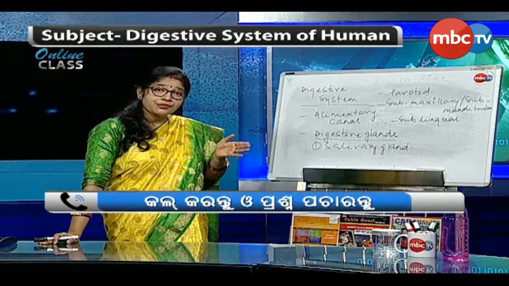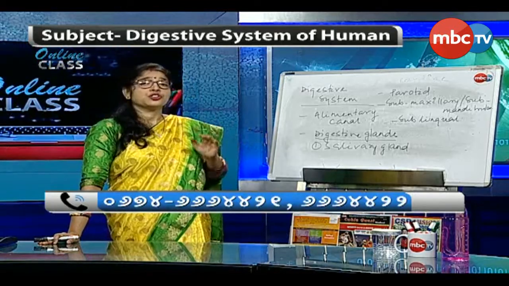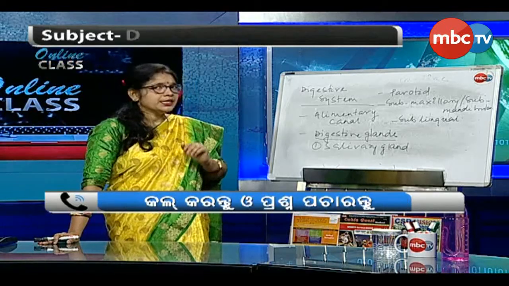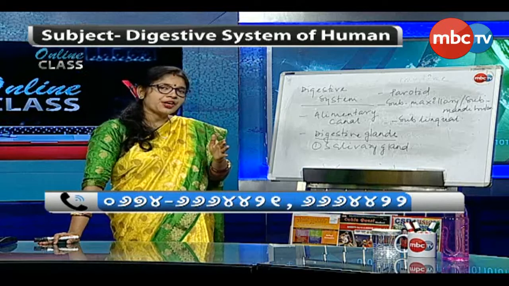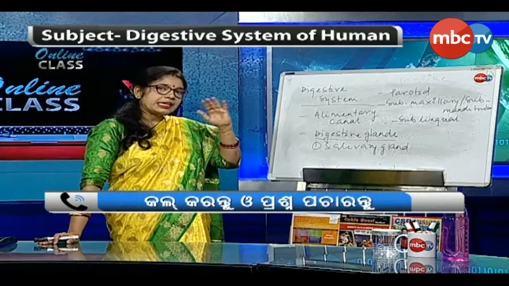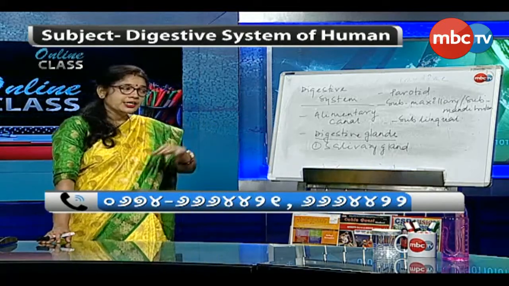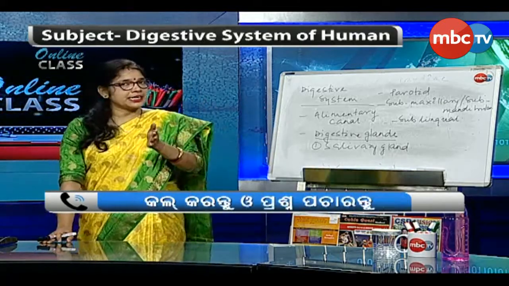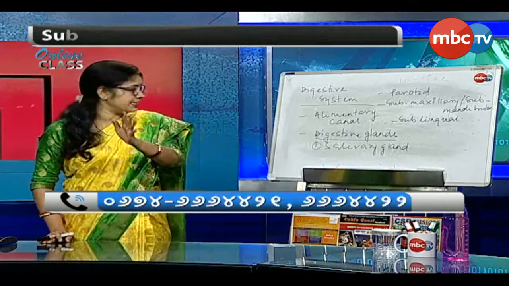But for the action of the salivary amylase, an optimum condition is required. So, what is that optimum condition? The temperature must be 37 degree, the pH must be 6.8, so that the salivary amylase will be functional and it will convert the polysaccharide into disaccharide or monosaccharide, so that the food can be digested.